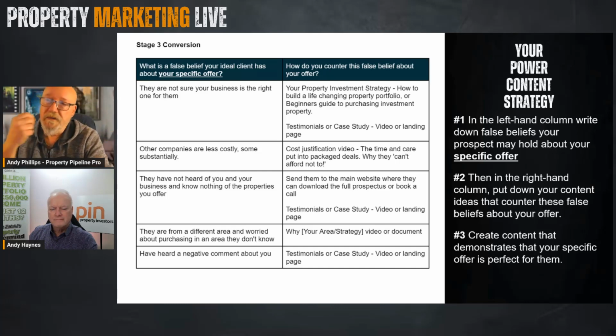So, there's another one here that comes up quite a lot, which is other companies are less costly, some substantially so. And again, you can maybe do a different sort of cost justification video for this one.